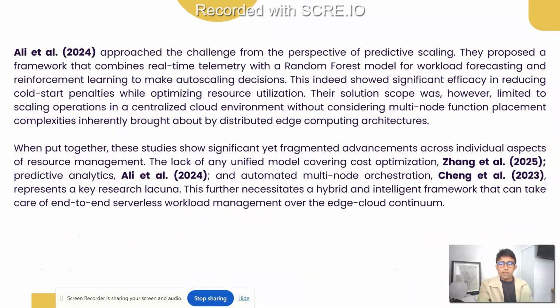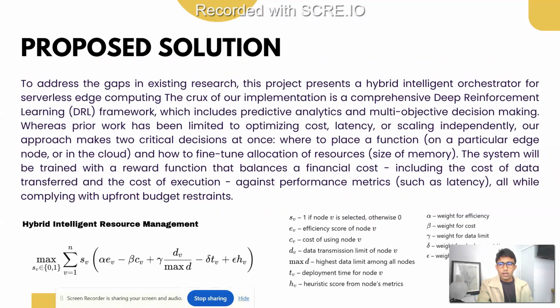So Ali, Zhang, and Cheng each identified different problem statements which they solved very successfully. I identified a gap that we will discuss in the proposed solution on the next slide.